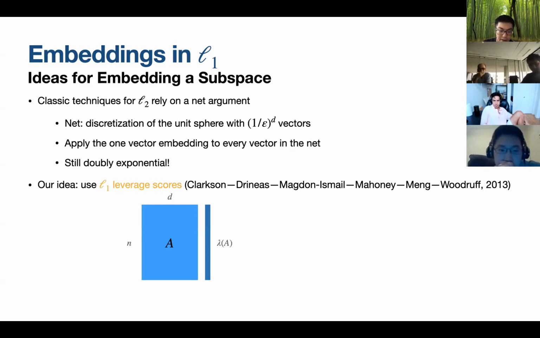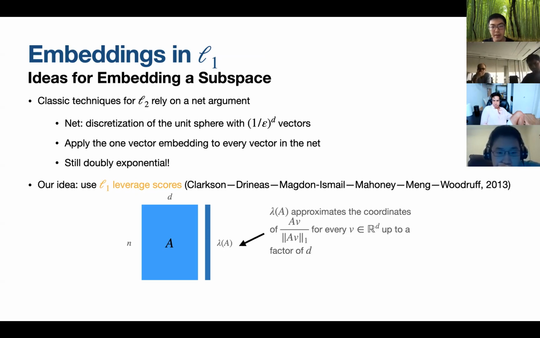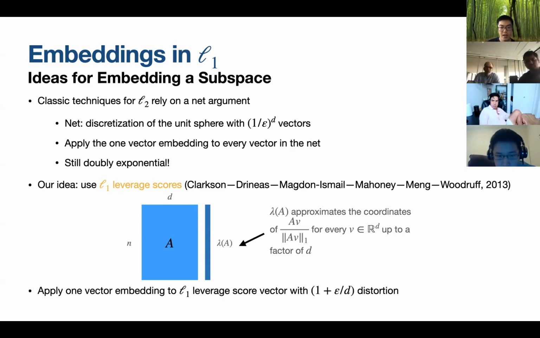This is an L1 unit vector with the property that this vector lambda approximates the coordinates of every single vector in the column space up to a factor of D. For example, if the first coordinate of this leverage score vector is of size 1 over D squared, then no vector in the column span can be of size more than 1 over D, say. So this gives us essentially one single good vector that leads to very good approximations for this entire subspace.